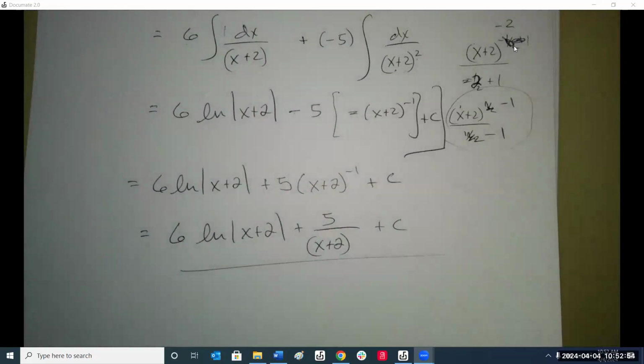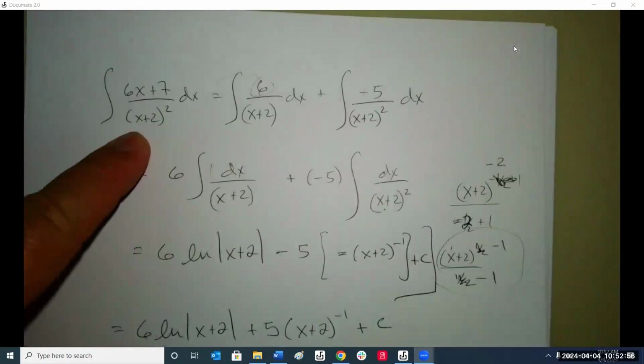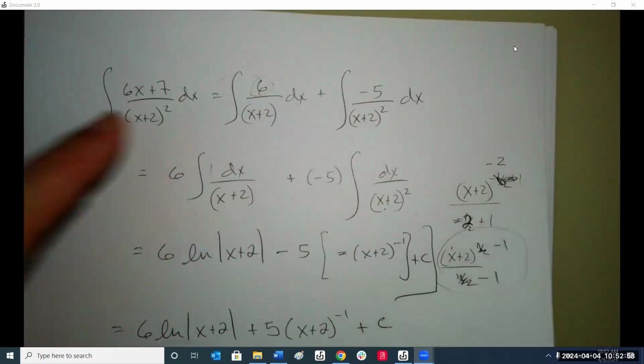All right, so that's if we had a denominator that had a multiplicity.